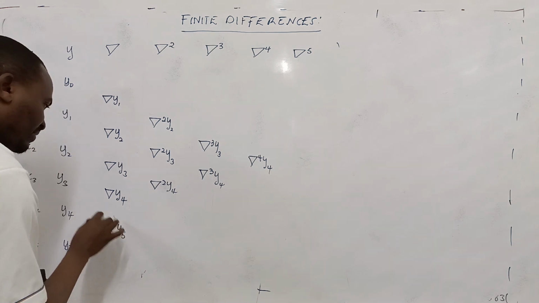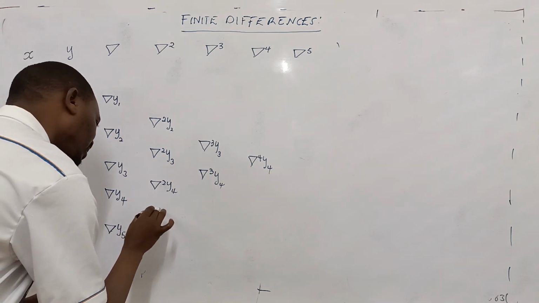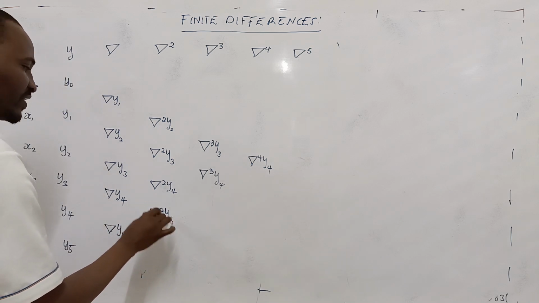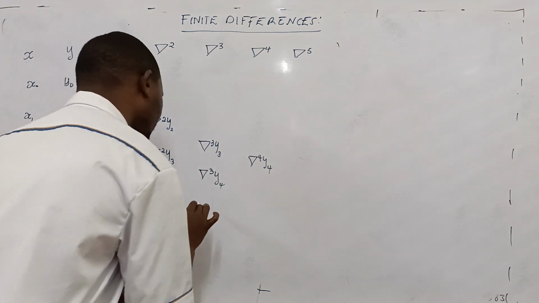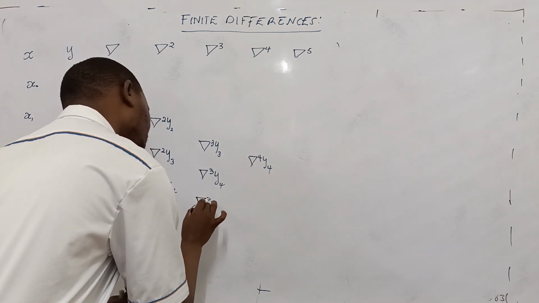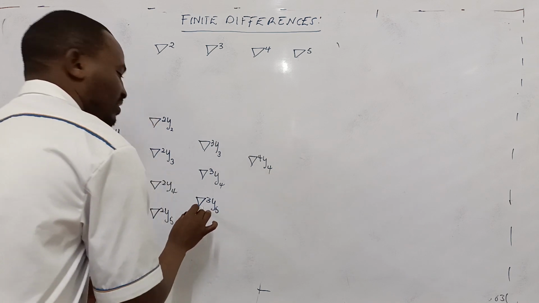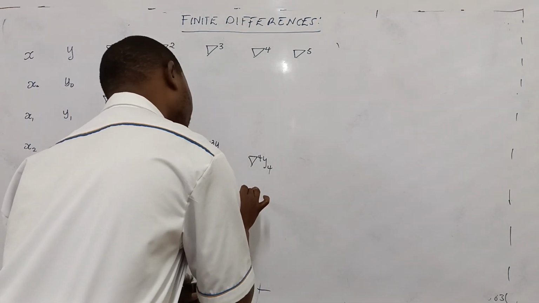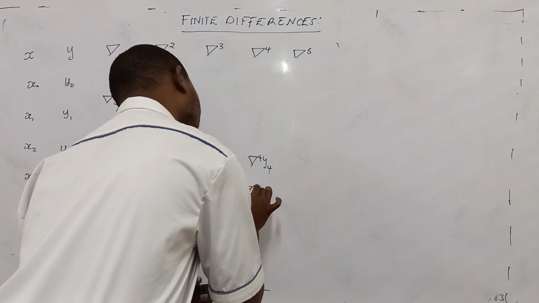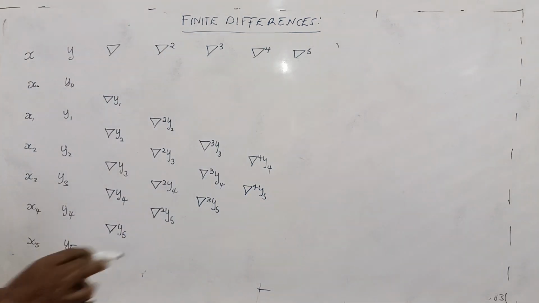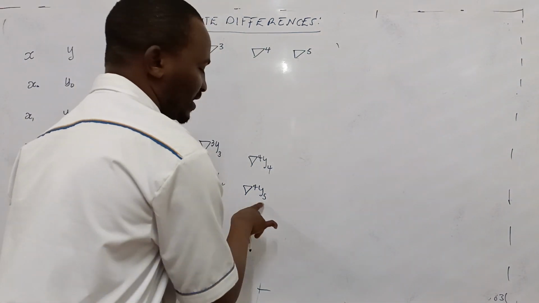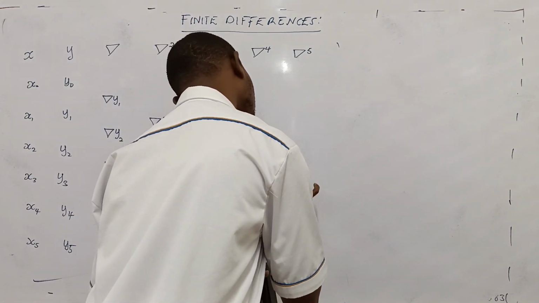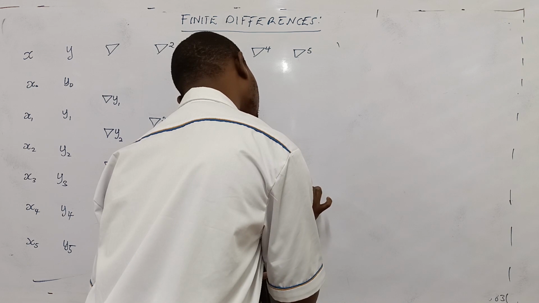The first backward difference of y5 minus that of y4 gives the second backward difference of y5. The second minus the second gives the third backward difference of y5. The third minus the third gives the fourth backward difference of y5. And the fourth minus the fourth gives the fifth backward difference of y5.